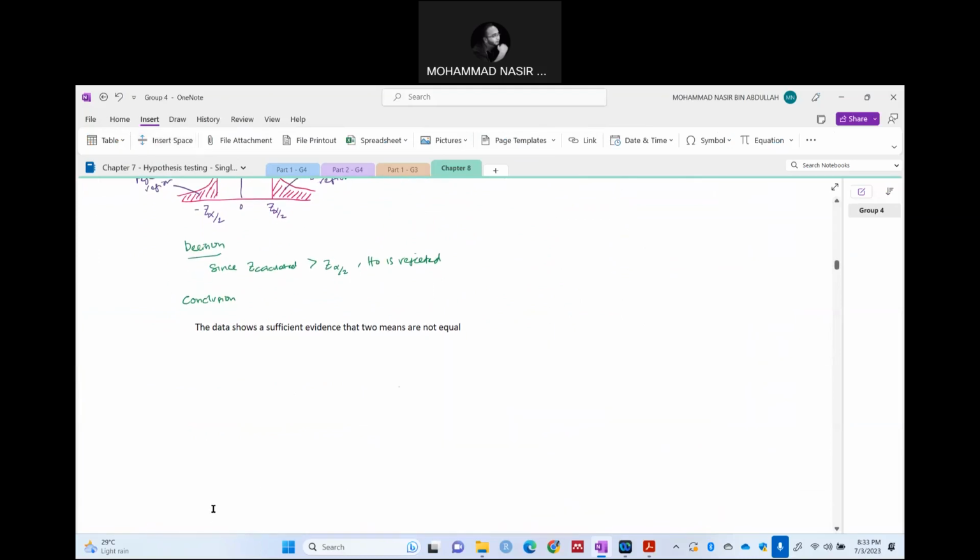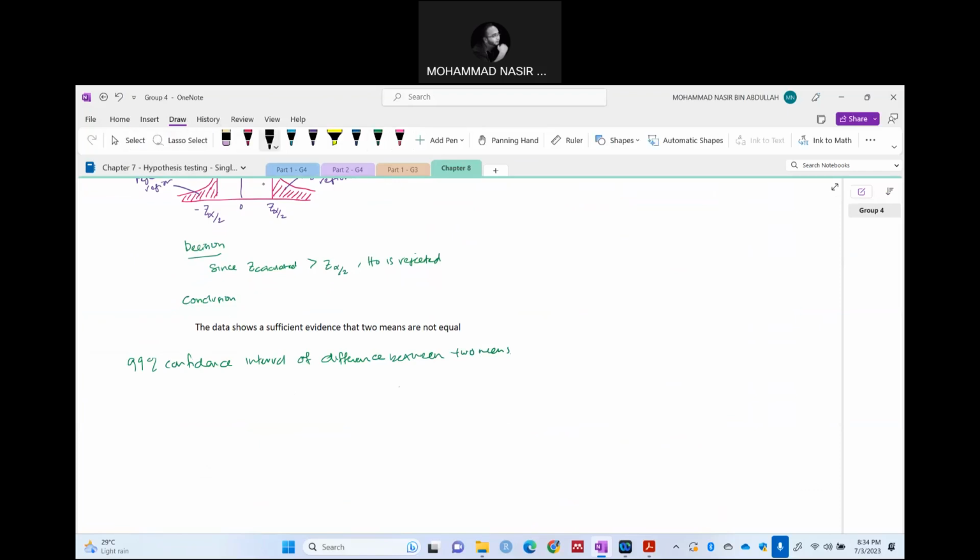Let's say I want to find the 99% confidence interval of the difference between two means, right?